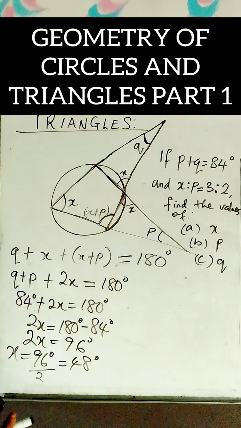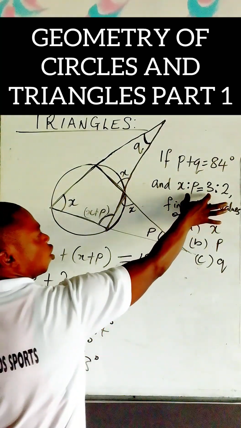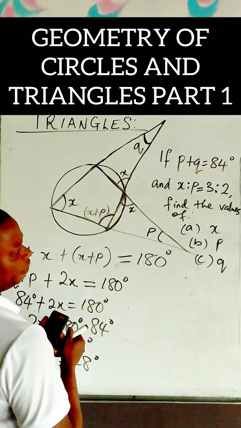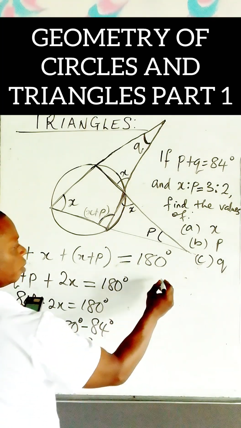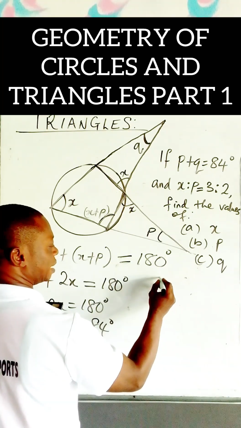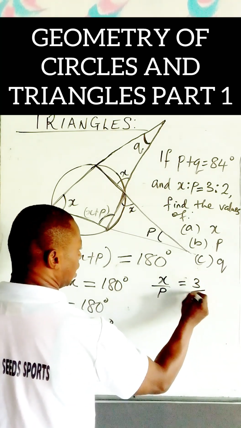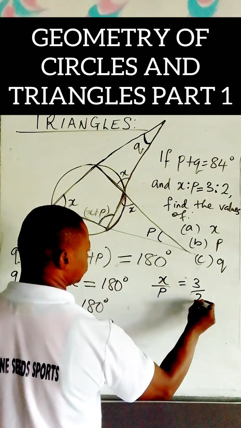And next, we can work on this ratio. The ratio of x is to p gives 3:2. So x is to p is the same thing as x over p being 3/2.